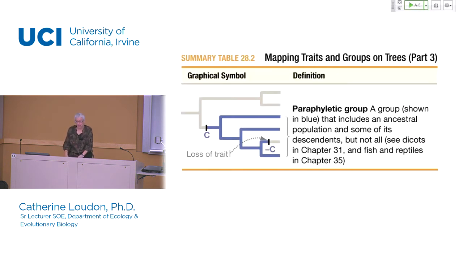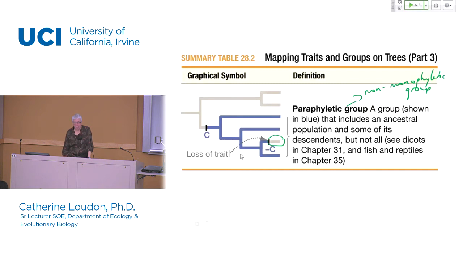And then finally, the last panel of figure 28.2 just shows another different kind of non-monophyletic group, the so-called paraphyletic. This is slightly different than the polyphyletic. This is simply a group that at first glance looks monophyletic if you look at this blue bit, but if you look very closely, you can see it does not in fact include this group right here.